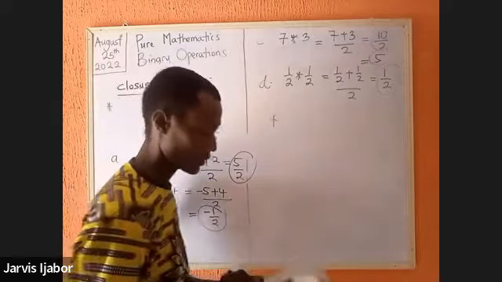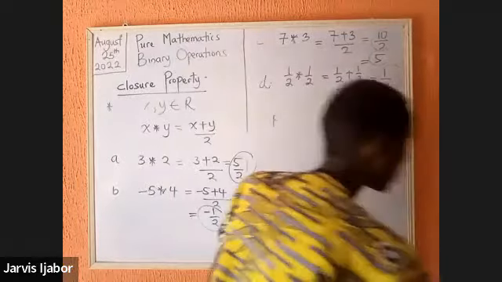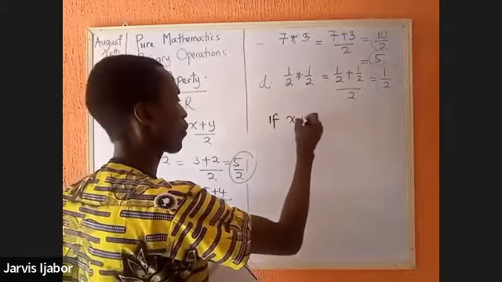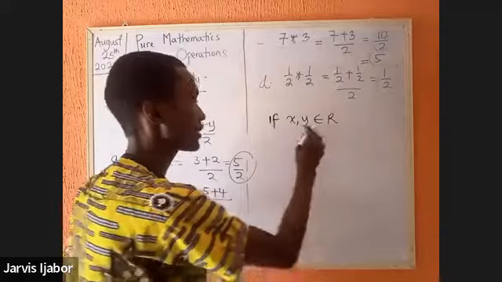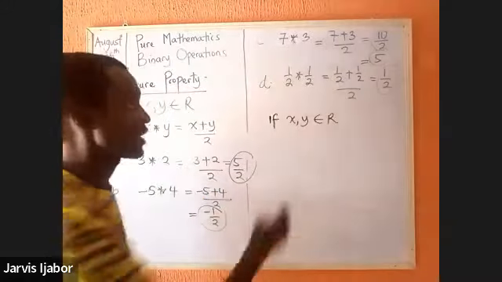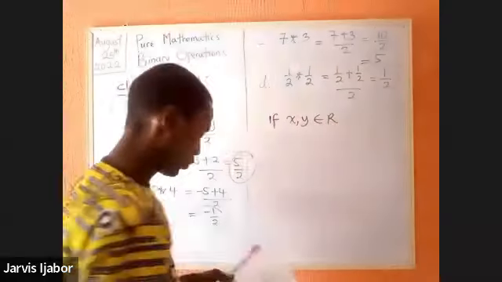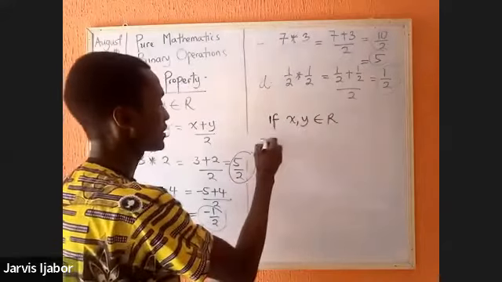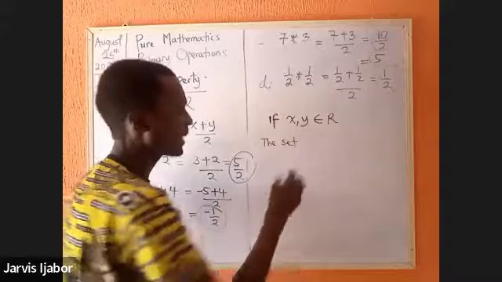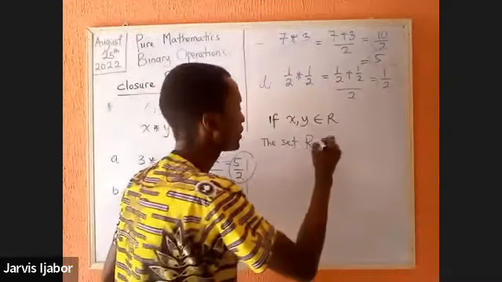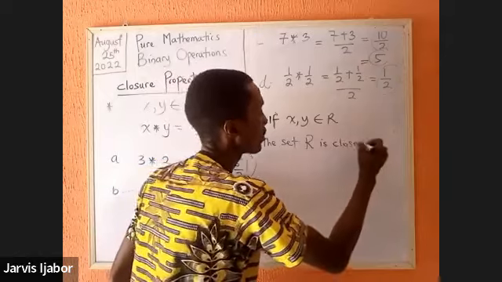Let me change my marker, sorry about that. So we can say that if X and Y belong to R, this is how it is written from the knowledge of set. If X and Y belong to R, then it would follow that the set R is closed under the operation asterisk. Remember that the property is defined with respect to the set.